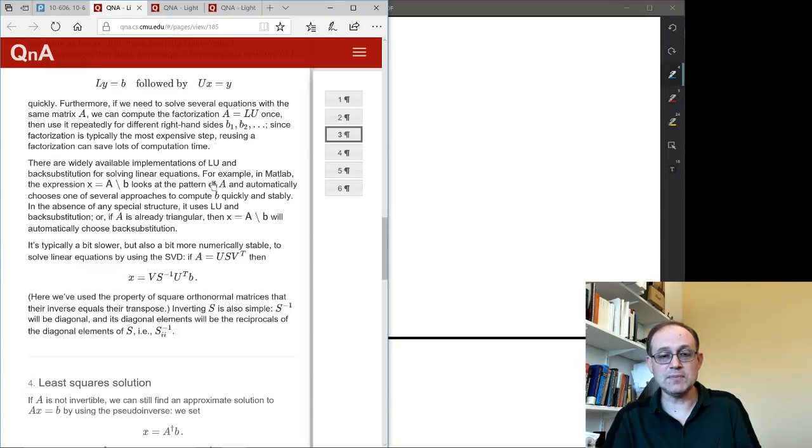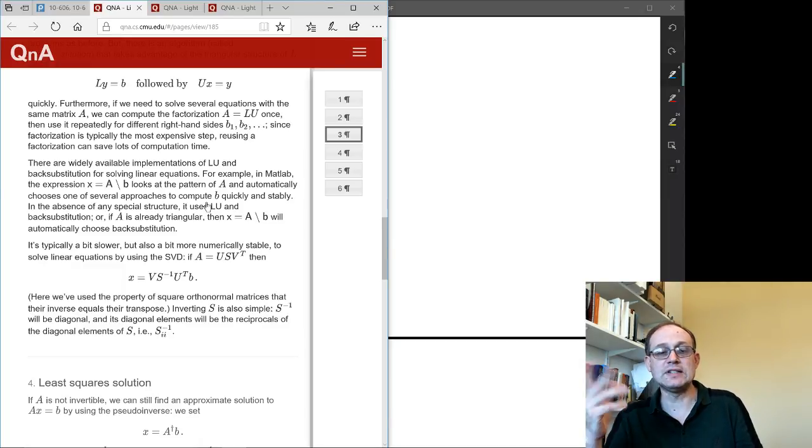So if you're using MATLAB, when you use the backslash operator for solving systems of linear equations, you're automatically using LU decomposition, at least as long as A is a general matrix. MATLAB is maybe a little too clever, but when you invoke the backslash operator, it tries to look at the pattern of non-zeros in A and choose an appropriate algorithm for solving that particular system.